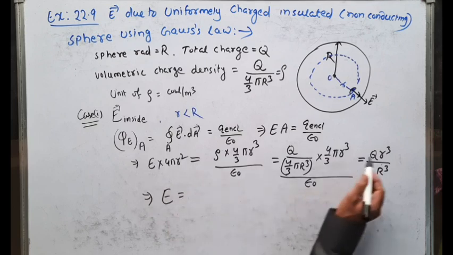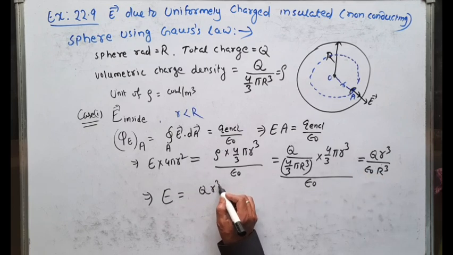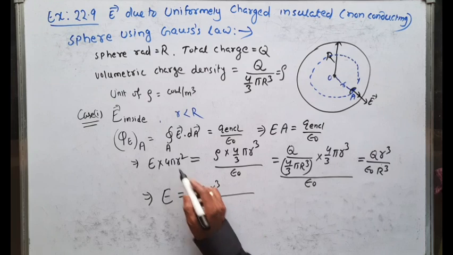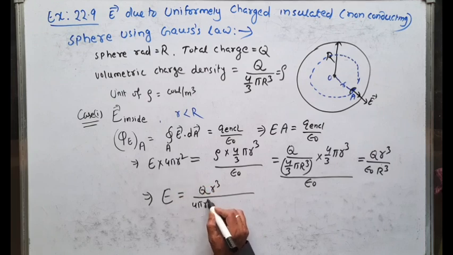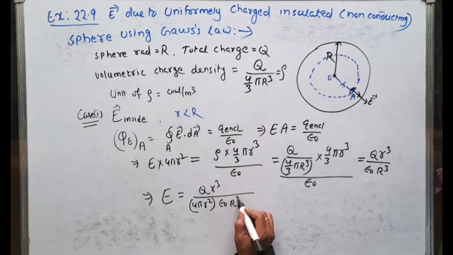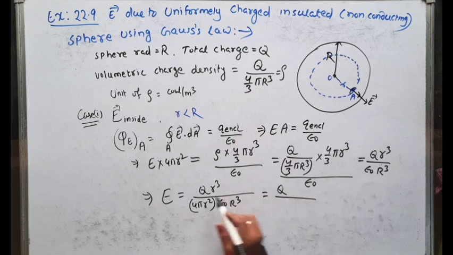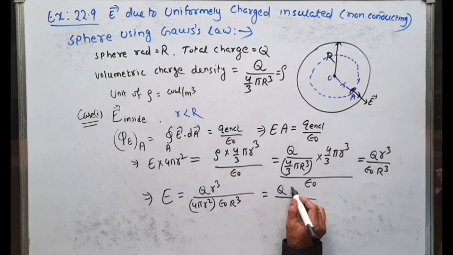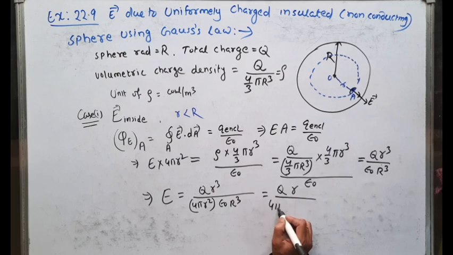So E is equal to Q r cube divided by 4 pi r square into epsilon naught R cube. So that implies Q divided by r square, r cube cancel, only r. So Q into r by 4 pi epsilon naught R cube.